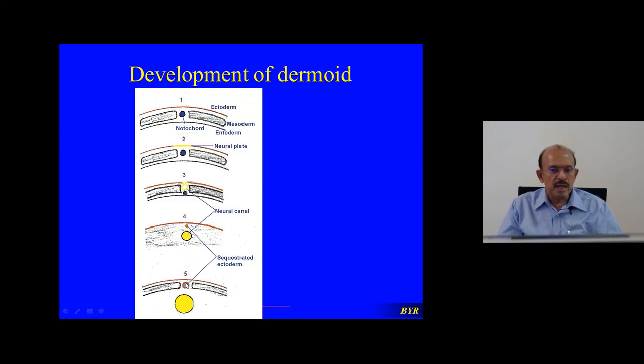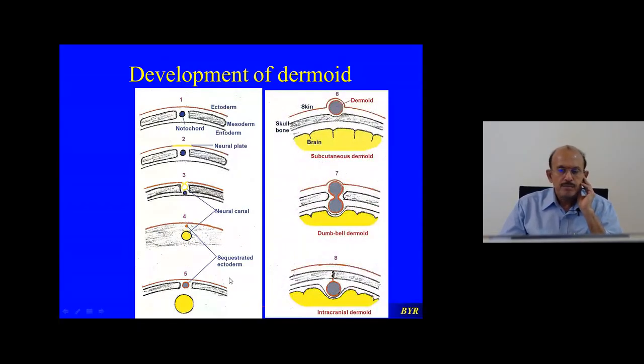So it gradually enlarges by collection of this pultaceous material inside it. The surrounding mesoderm differentiates itself into bones, skull bones, and vertebral bodies. So this is the sequestrated part which forms into dermoid.